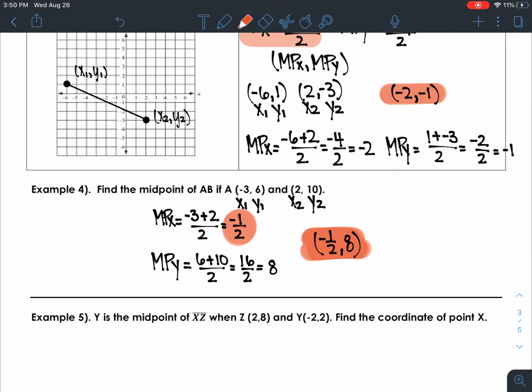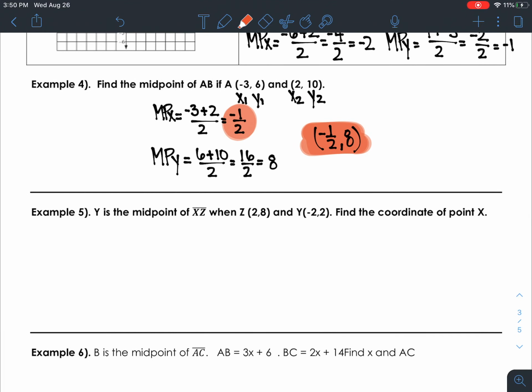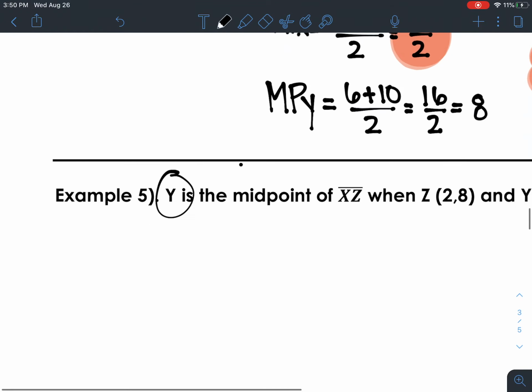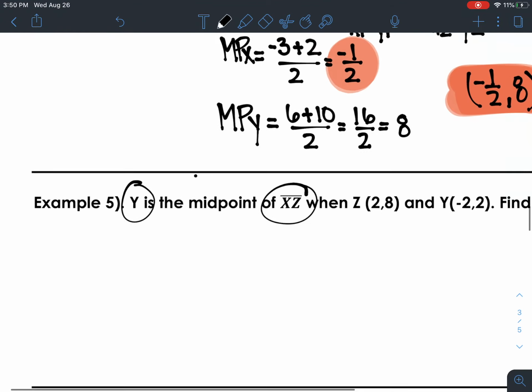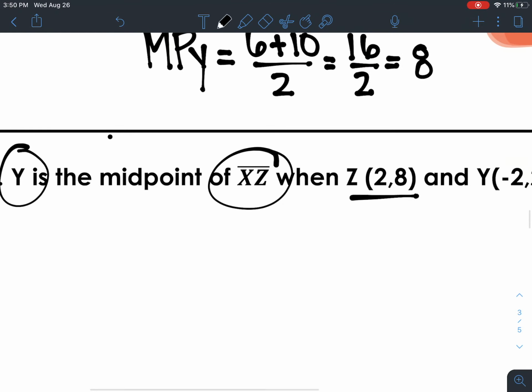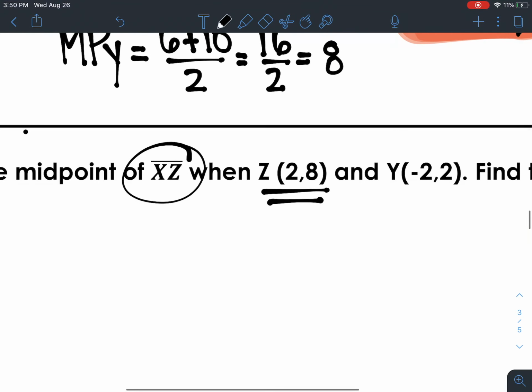Okay. Now, example 5 is why I wanted you to write it with the MPX and the MPY. I want you to compare what we're doing on example 5 with what we've done with example 4. Example 5 says Y is the midpoint of XZ. We're given the endpoint Z, and we're given the point Y, which is our midpoint.